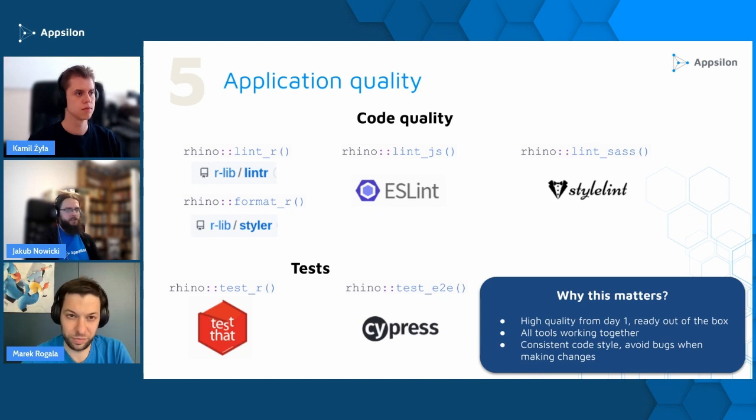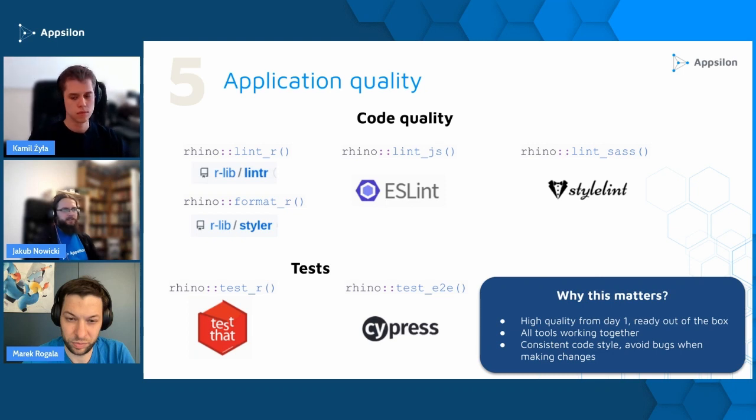It also gives you a structure not only for unit tests in R, but also for front-end tests using Cypress. And all this you get from scratch, from day one. There is no need to configure anything. This is all working out of the box. So this makes it much easier, much faster, and much more consistent to develop your application.